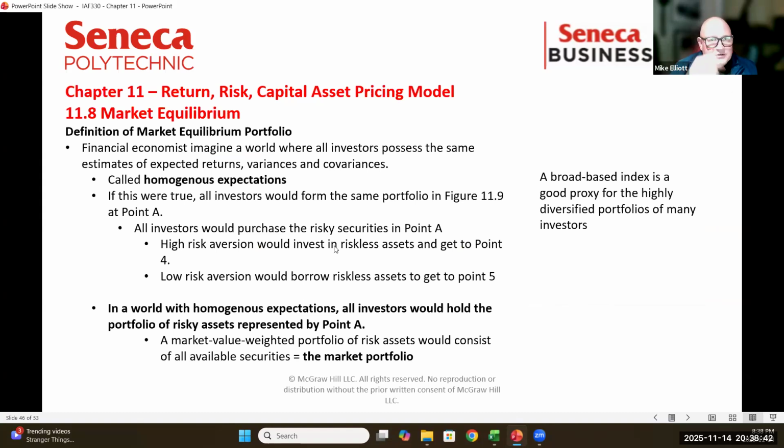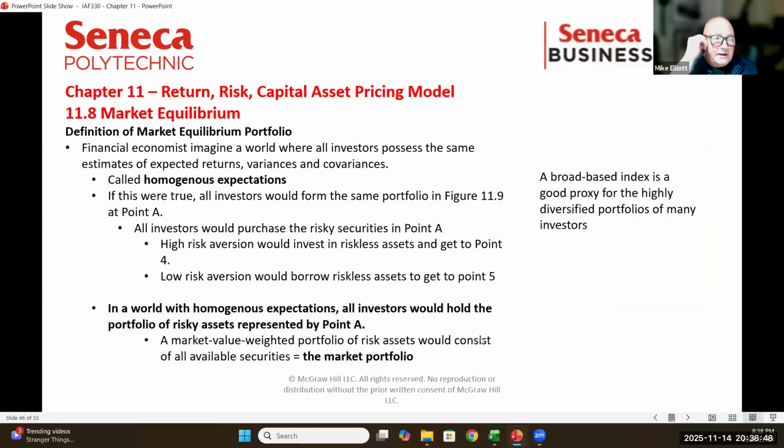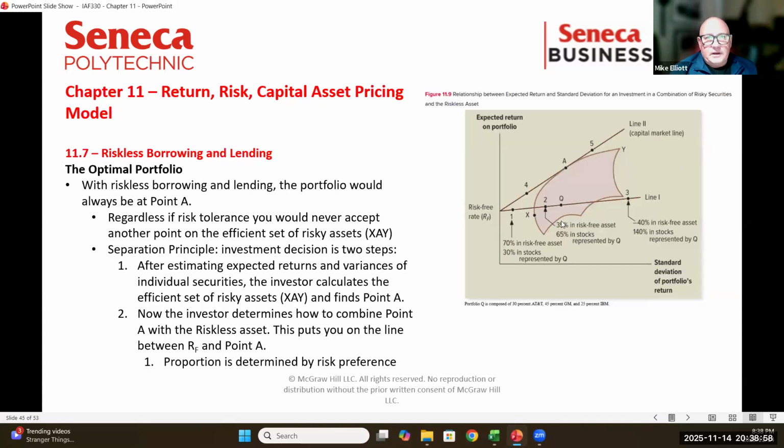If it were true, all investors would have exactly the same portfolio at point A. The problem is they don't, because everybody has a different risk aversion. Your risk aversion is going to determine where you move up and down this line. If you don't have access to risk-free assets, you can only have the Batwing.